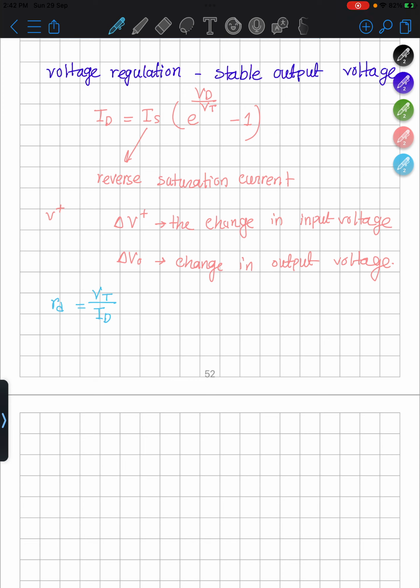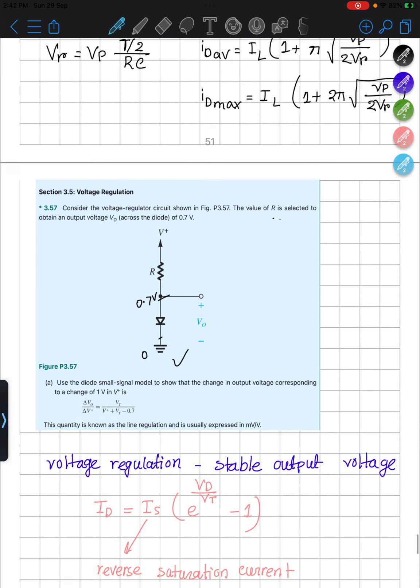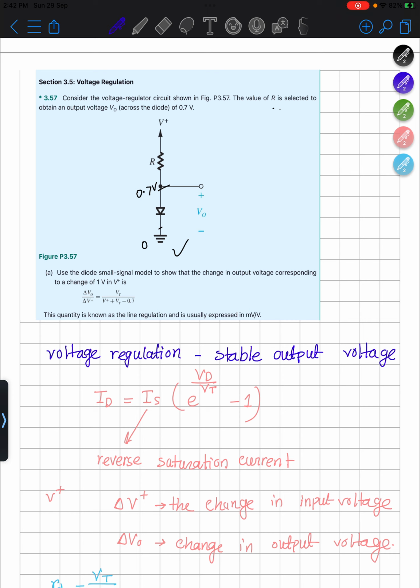The total voltage drop across R and the diode is V plus minus V naught. So if we look at the diagram that we have, we can see that V plus will be ID multiplied by R, where ID is the current flowing through the resistor, and then we have to add V0 to get the total voltage, which is V plus.